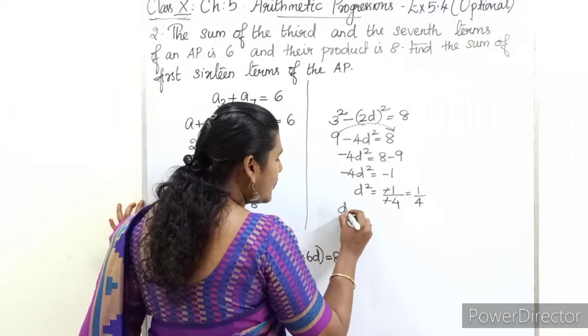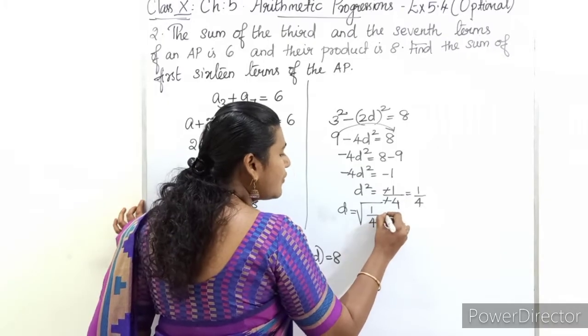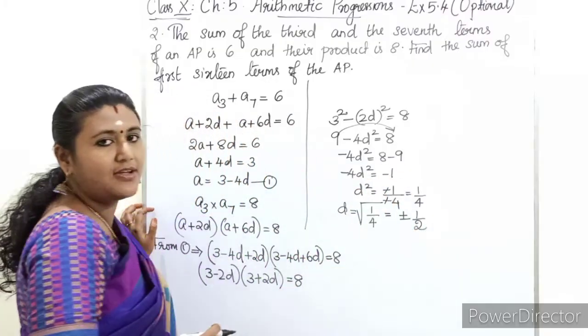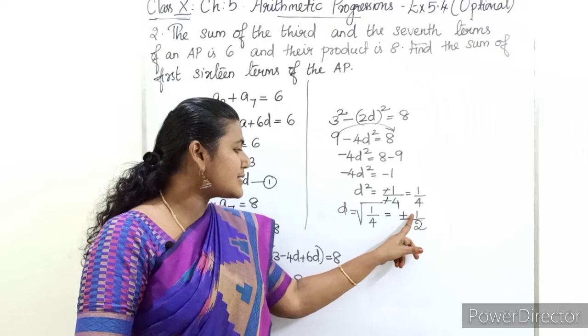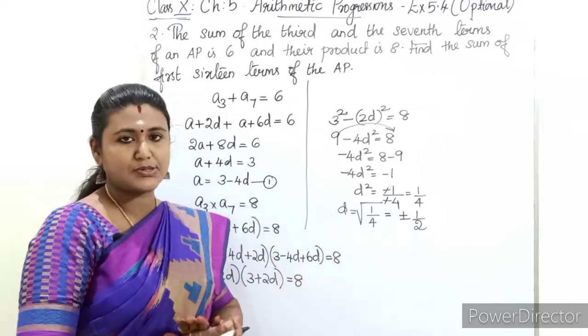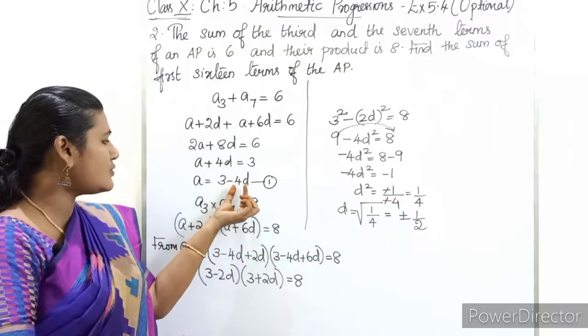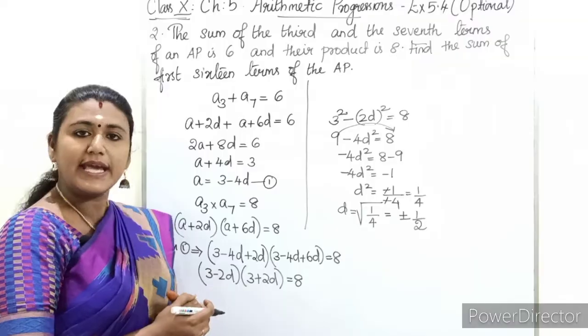From this we will find out the value of D, that is root of 1 by 4. So root of 1 by 4 means you have to take both the values, positive and negative, both the values we have to take. So the value of D we got as plus 1 by 2 and minus 1 by 2. Now we have to substitute these two values in equation 1 and we have to find the corresponding A value.